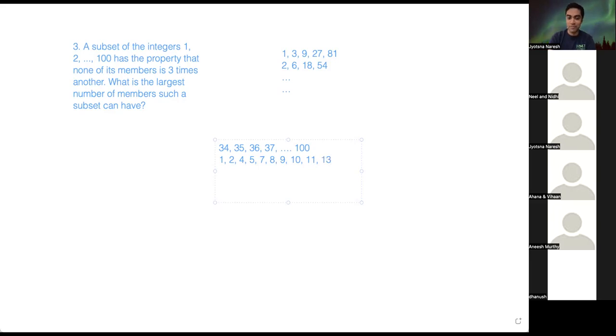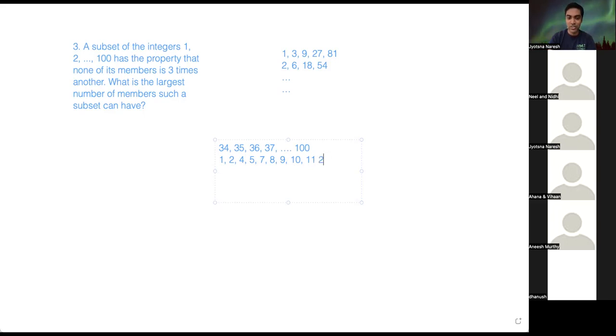Okay, what about 13? Yes, that works. Careful, because we've already included the numbers 34 to 100. Oh, so there's 39. Oh, so that can't work. Now this applies to any number above this, right? What about 14? 15?